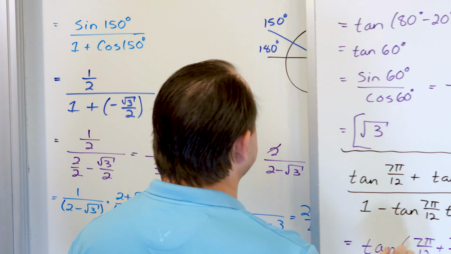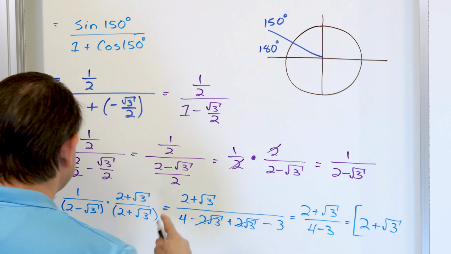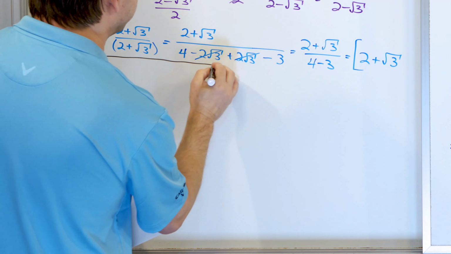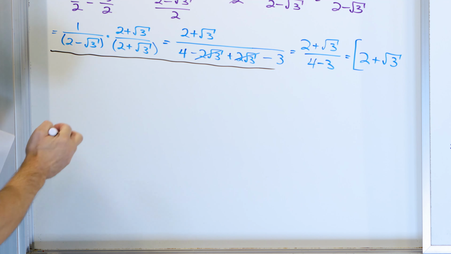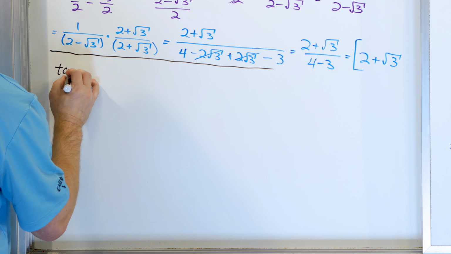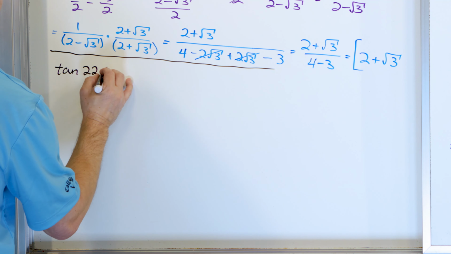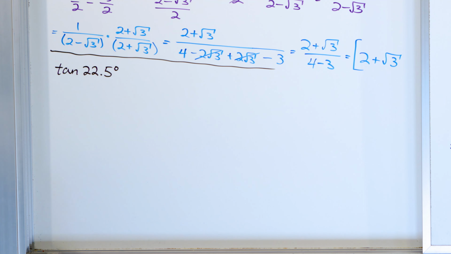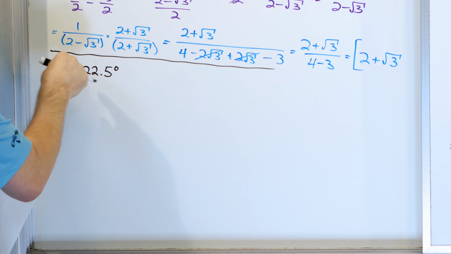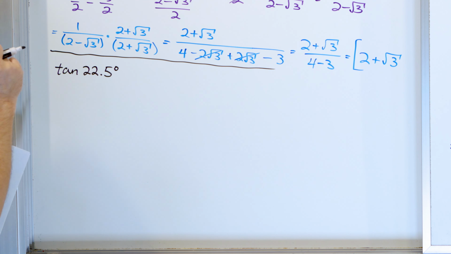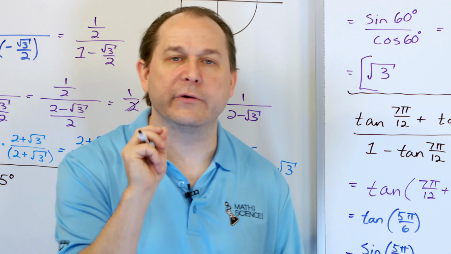All right, I think I will be able to hopefully squeeze the last problem in to our little last bit of board here. What if we want to calculate the tangent of 22.5 degrees? I don't know what the tangent of 22.5 degrees is, right? But I know that 2 times 22.5 is exactly 45 degrees, and 45 degrees is a magic angle.